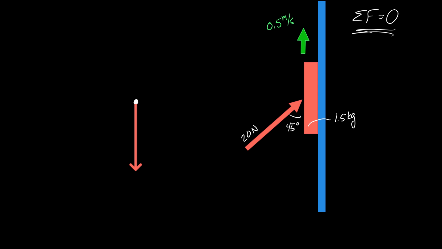In the normal force, we don't get a choice. It has to be perpendicular to the surface. So if that wall is vertical, then I have to draw an arrow to the left that is perpendicular to the wall. And I don't know how big to make it, really. It's got to balance the 20 Newton force, but it's at an angle, so I'm just going to draw it kind of like this. Something like that.